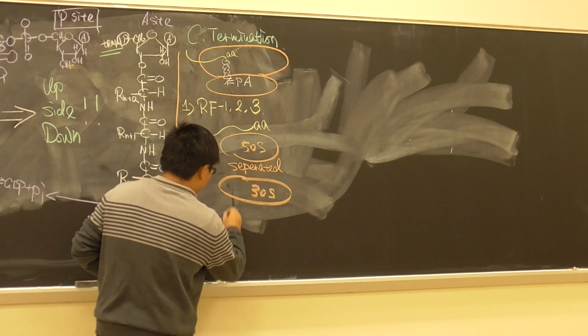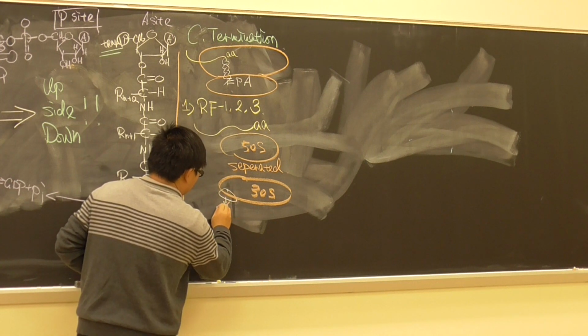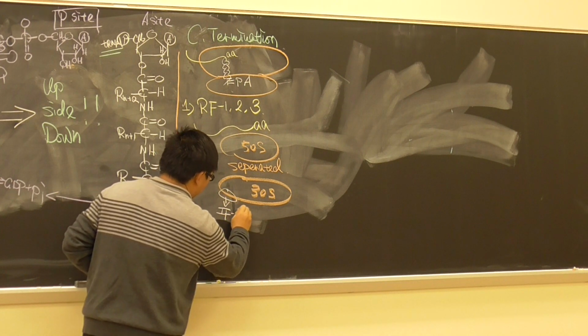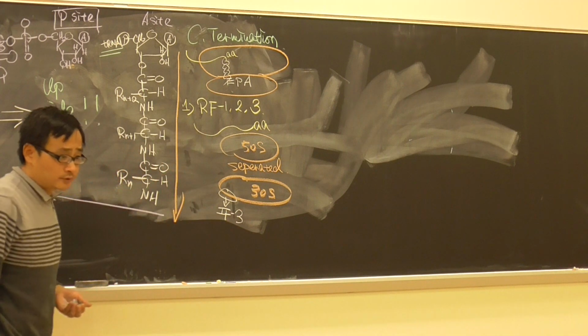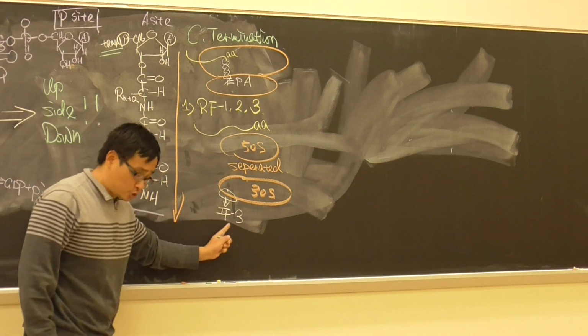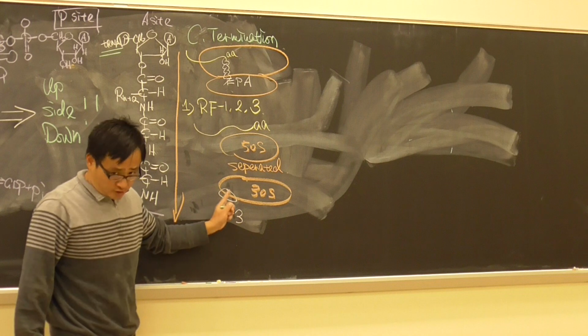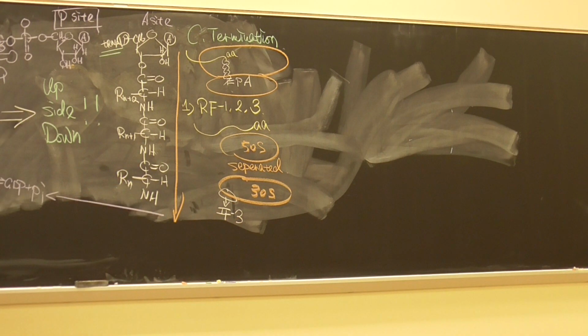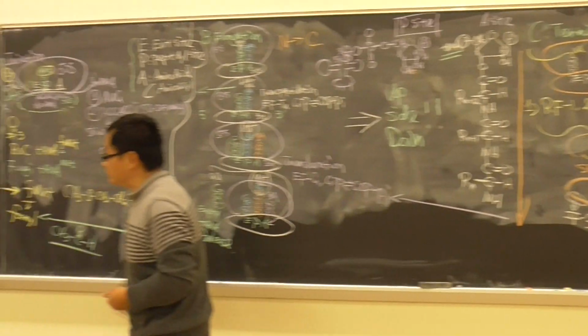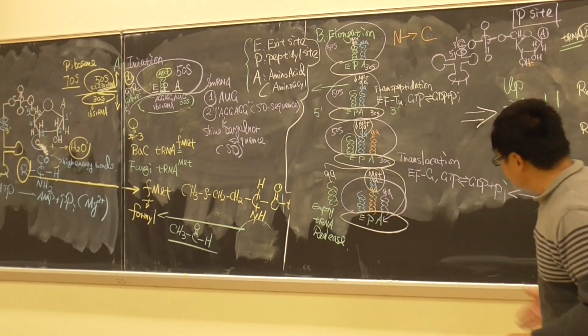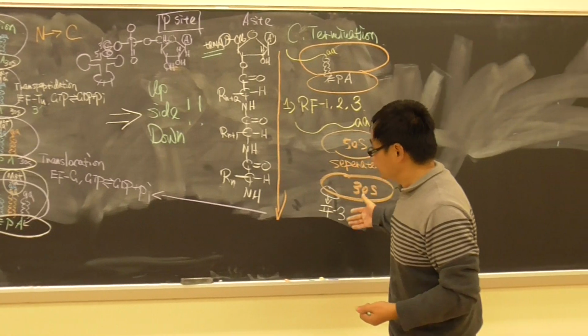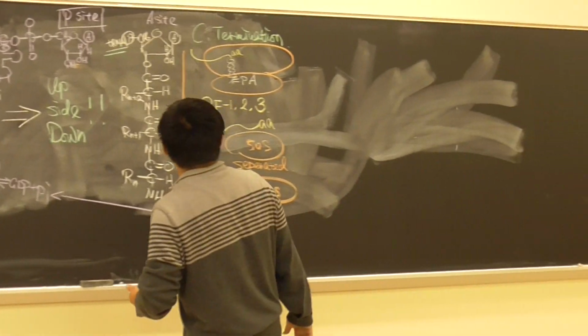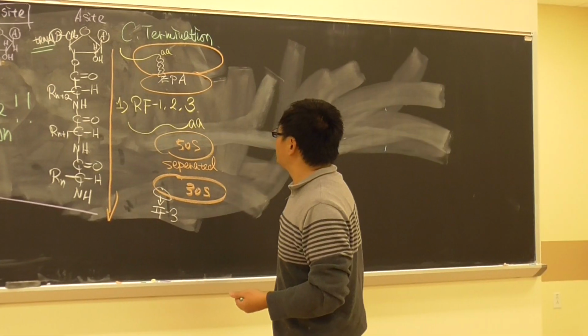And then initiation factor 3 will be reattached to it. And this will make sure they stay separate. And when a new one is coming, they're going to repeat the same thing I drew right there. I already picked it out because it's too long. Okay, that's the whole process of the termination.